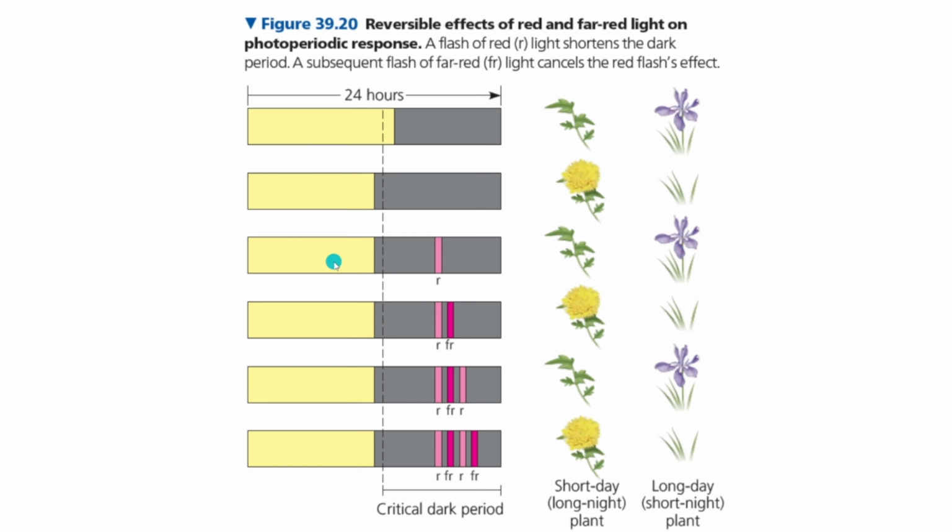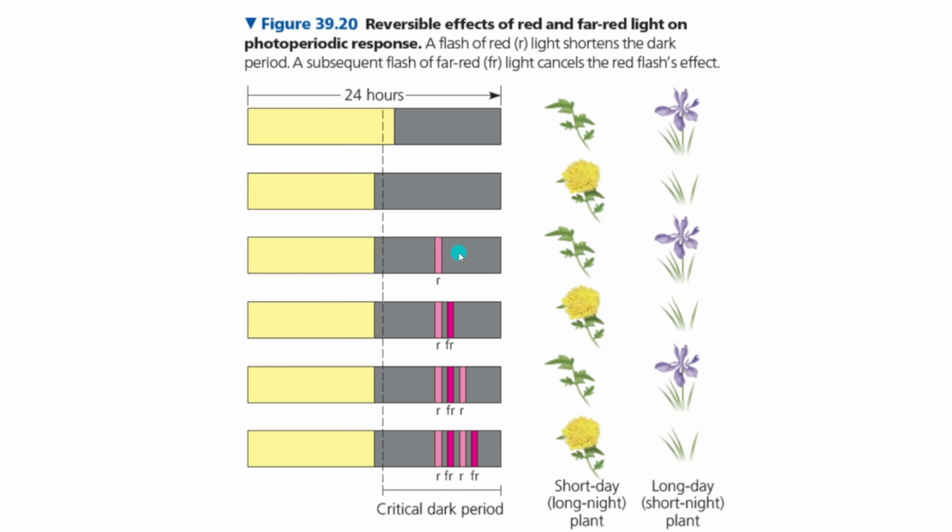Okay, but here you can see this is the same situation as number 2. The sunny day period, light period, is shorter than the critical length. In theory, short day plant should flower, but in the dark period, they flash the red light.